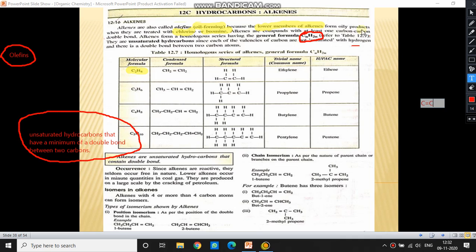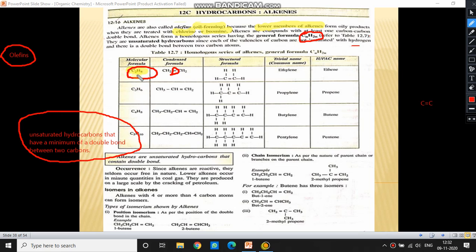Now this is the molecular formula, and this is the condensed formula where you show the double bond, and the hydrogens of each carbon you show separately. In structural formula you draw all the bonds. So this is the difference between the three formulas.